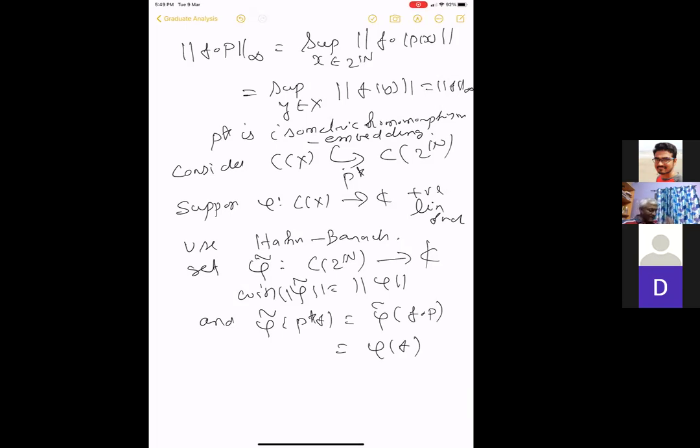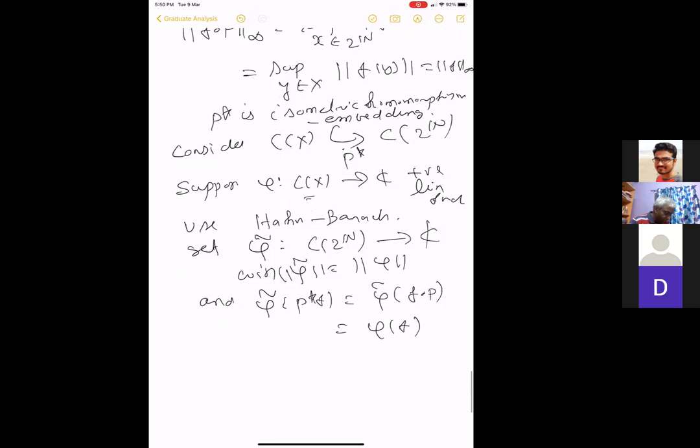We take a linear functional on C of X, then just by defining phi tilde of F of P equal to phi of F, we get a linear function on the subspace P star of C of X inside C of the Cantor set. Then we extend to a phi tilde, so we get a linear function on the whole space. This is fine.